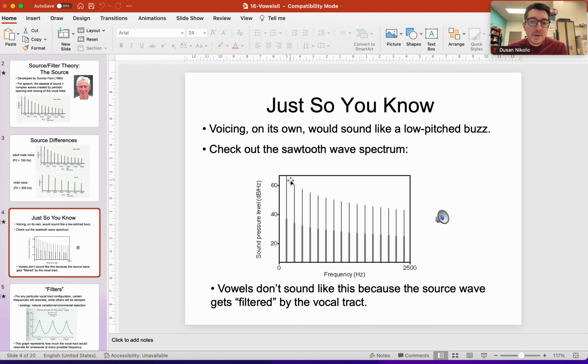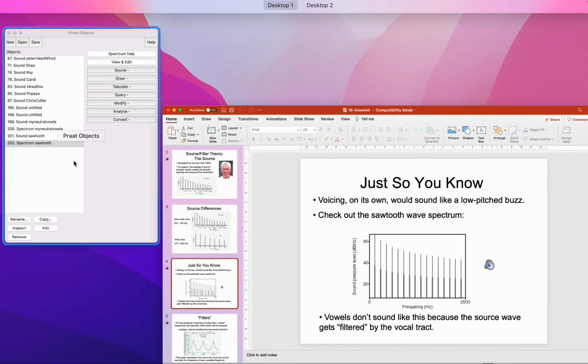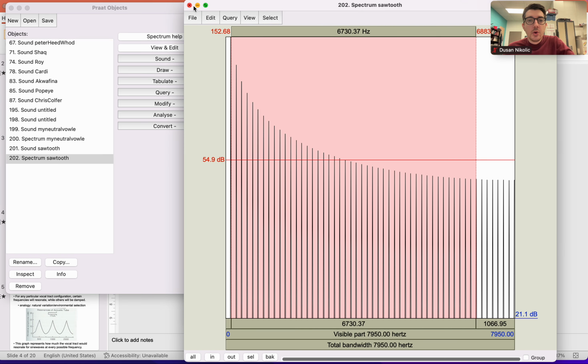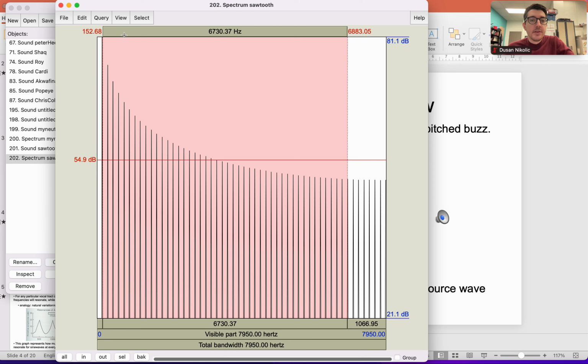What happens is that the source works like this. Imagine you have just vocal folds, and those are vibrating, and because it's open air out there, they will be dampened, their intensity will decrease, and they will sound something like this, but the frequencies, the harmonics, will remain the same. This was a sawtooth wave of 150 hertz fundamental frequency.